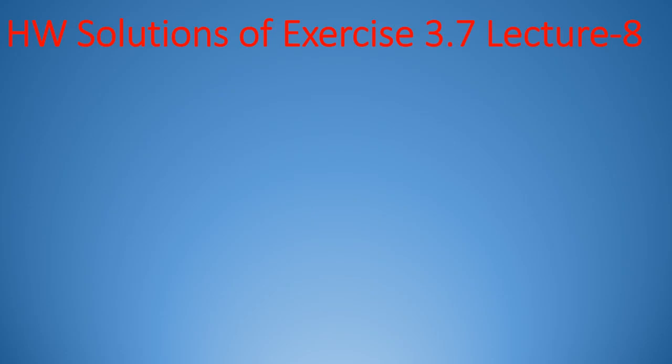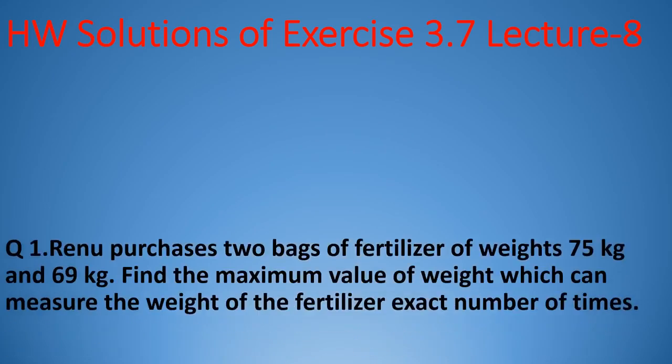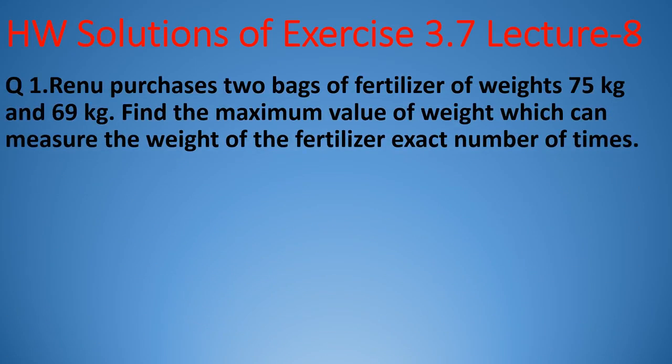Now, see. First: Renu purchases 2 bags of fertilizer of weight 75 kg and 69 kg. Find the maximum value of weight which can measure the weight of the fertilizer an exact number of times. For finding the maximum weight, as I told you yesterday also, the word maximum means you have to find the HCF, highest common factor.